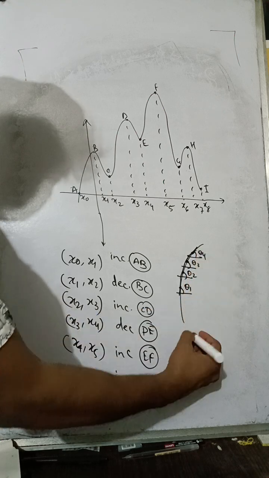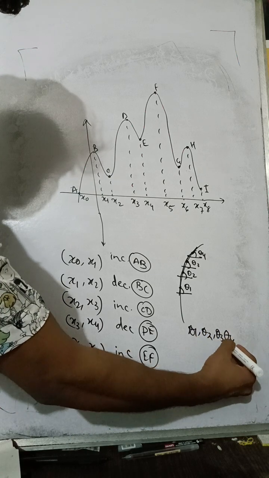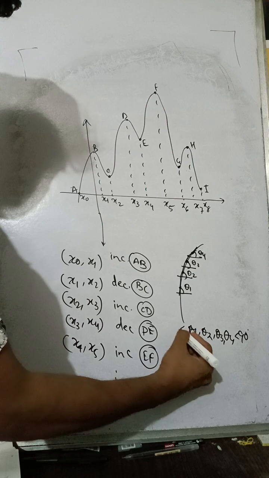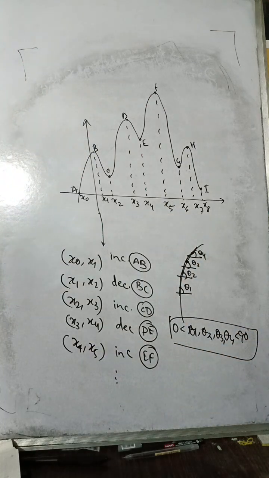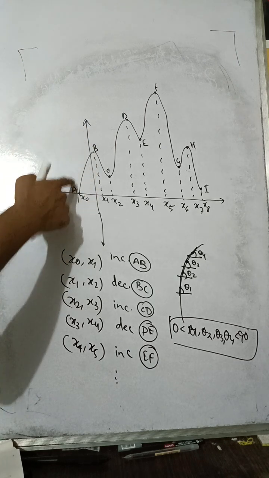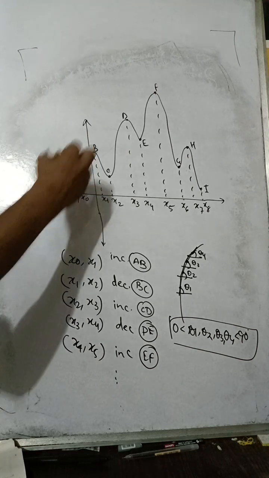All these angles are basically acute, between 0 and 90. So hence this is basically an increasing function. So you see, AB is basically the increasing part.